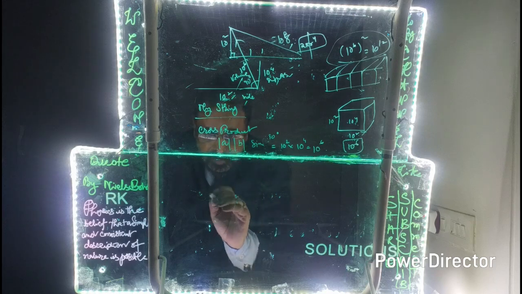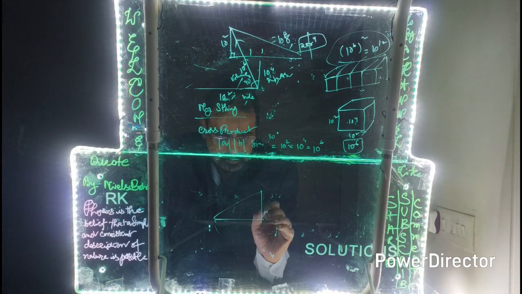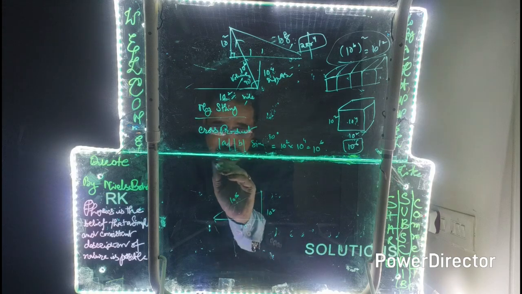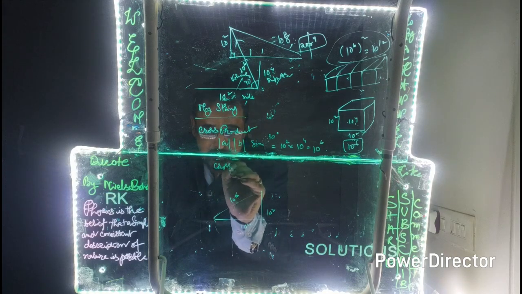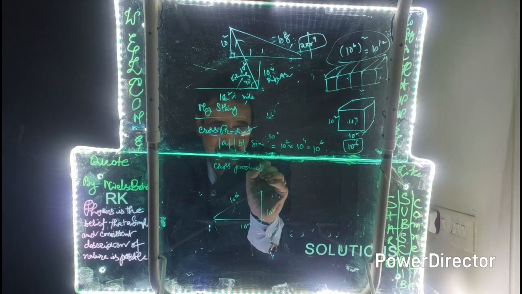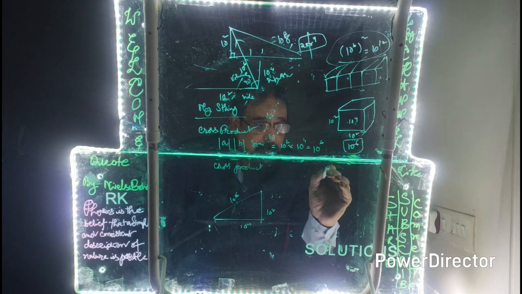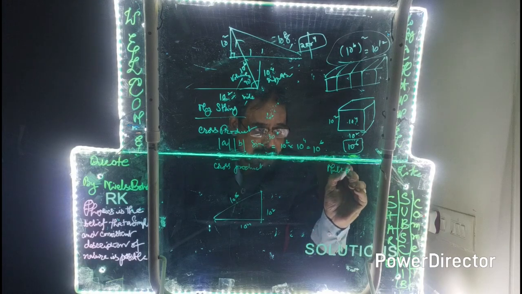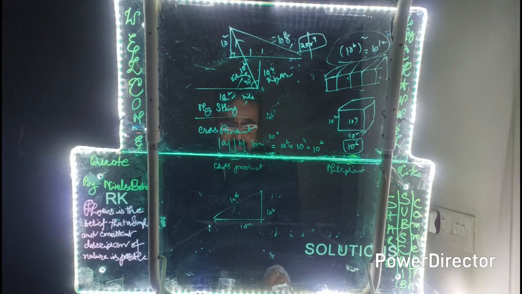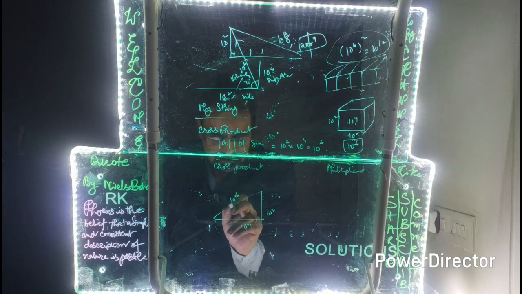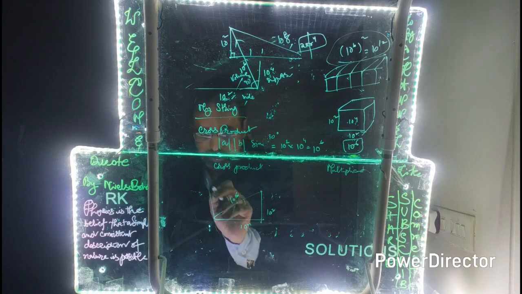So if you extend this to higher, 10 squared, 10 raised to 4, 10 raised to 6, this is the cross product, and this is just a kind of multiplication. 10 raised to 4, 10 raised to 6, and 10 raised to 8.